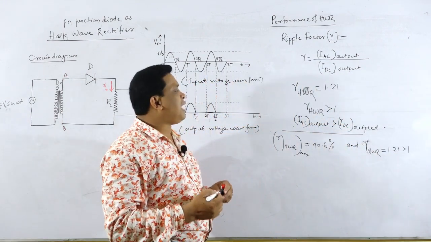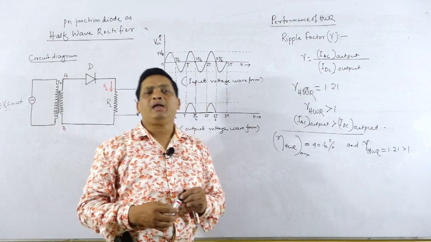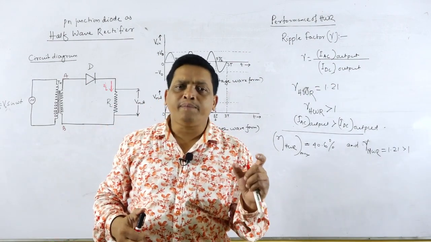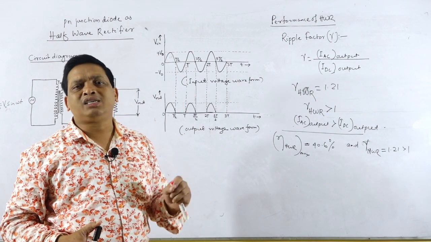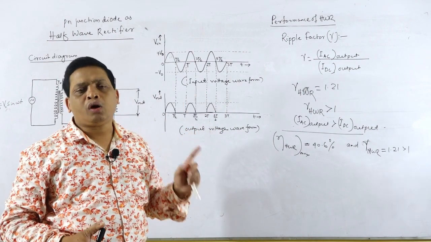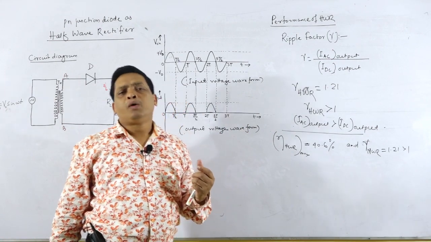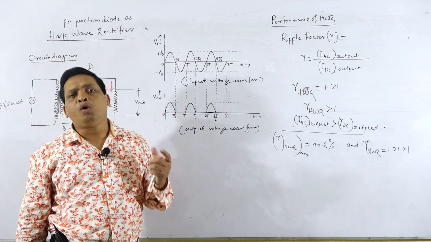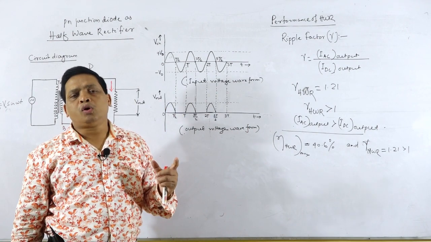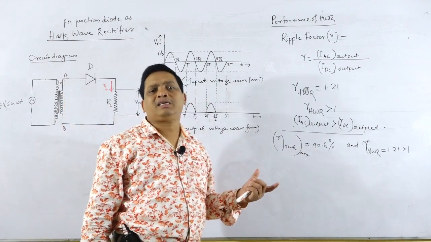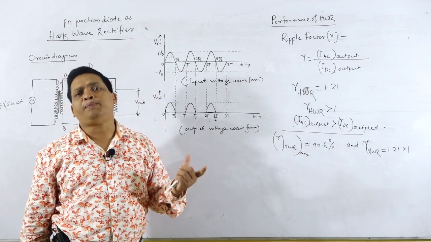So we find that the half wave rectifier is very ineffective in rectifying AC to DC. So to overcome these difficulties, we need a full wave rectifier. We are going to discuss the full wave rectifier next.